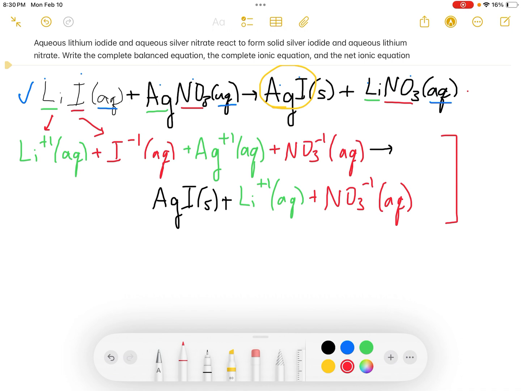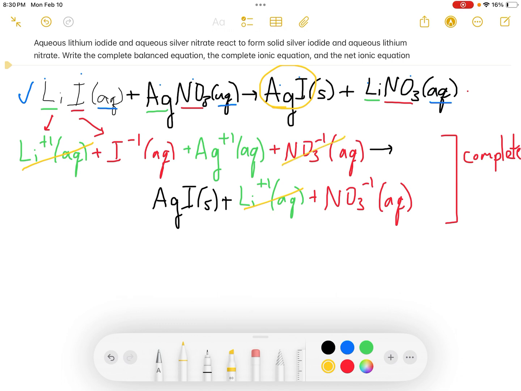To figure out the net ionic equation, so this is the complete, next we need the net. We need to cancel out all these spectator ions. The spectator ions are the ones that are not doing anything. That is, they're in the same form on each side of the reaction. So lithium +1 is right here, but it's also right here, so we can cross it out from both sides.